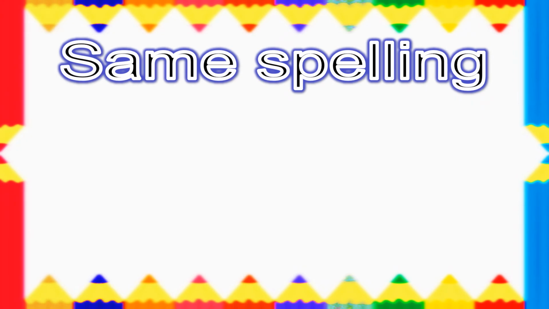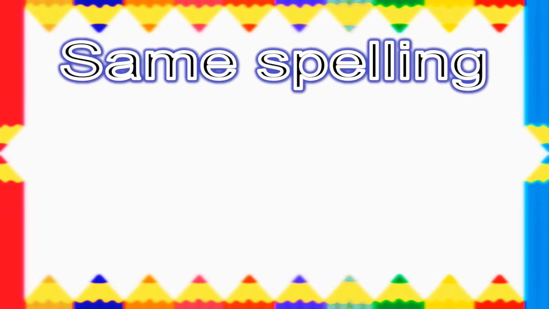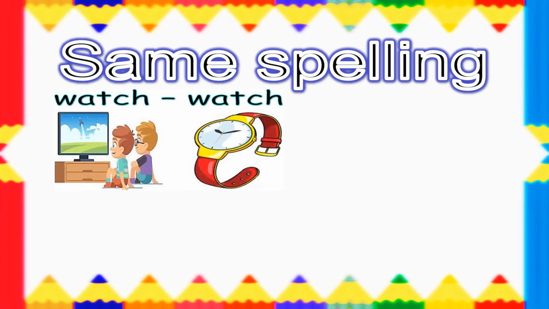Now, as I discussed earlier, there are homophones that have the same spelling but different meaning. So I will just show you some of those words. First, we have the word watch.